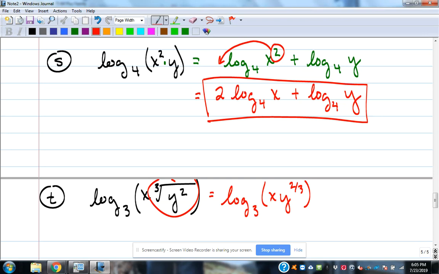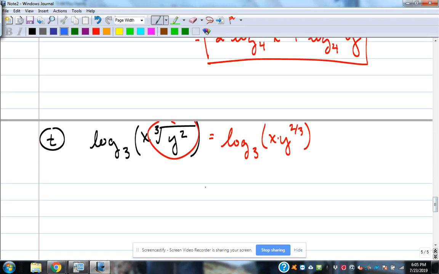All right, and then the next thing would be, okay, now I got two things in there. I got an x and I got a y to the 2/3. So they're multiplying together. So that means my problem is going to turn into log base 3 of x. And then the other piece is going to be log base 3 of y to the 2/3. But what's between them? What operation is between those two? Addition, because it was multiplication to begin with.